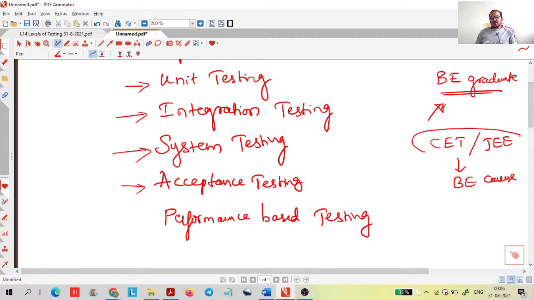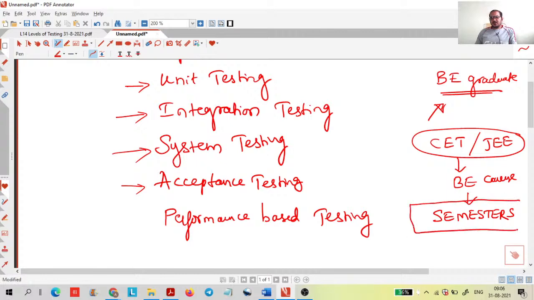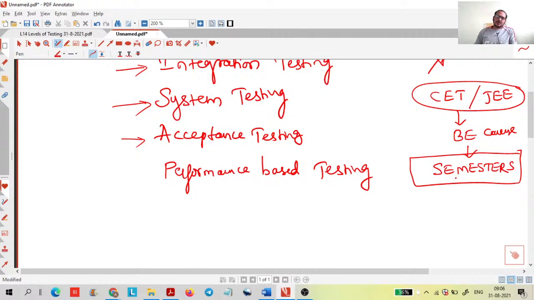This is one of the testing techniques. Once he gets into the course, there will be semester examinations, and he needs to pass each one. These are the different levels: SEM 1, then SEM 2, then SEM 3.